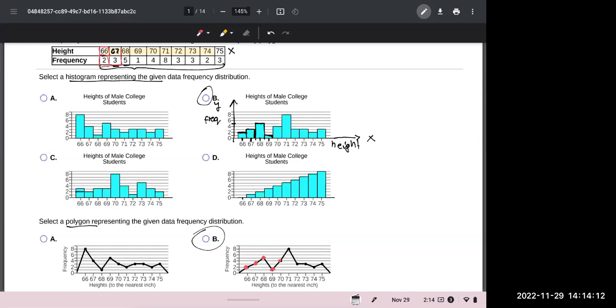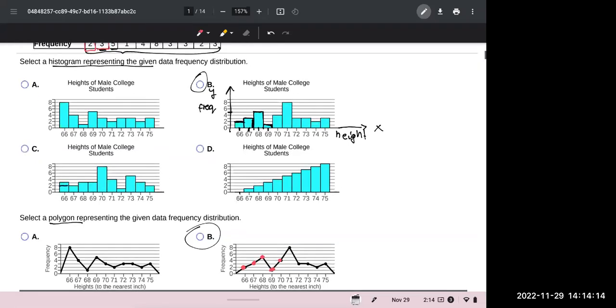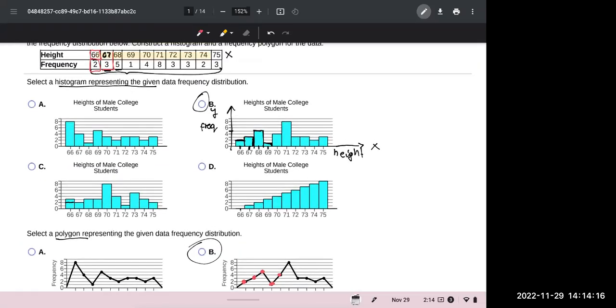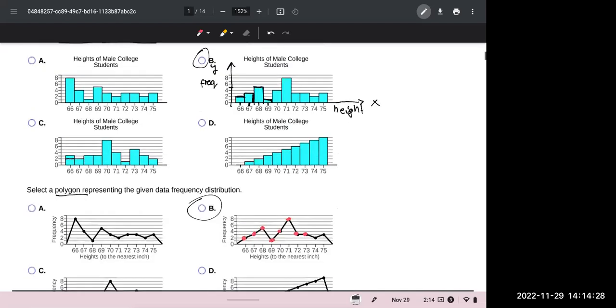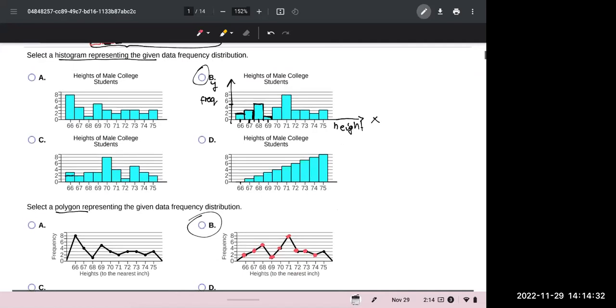For 70, frequency is 4. For 71, frequency is 8. For 72, frequency is 3. For 73, also frequency is 3. For 74, frequency is 2. And 75, frequency is 3. So this is the polygon.